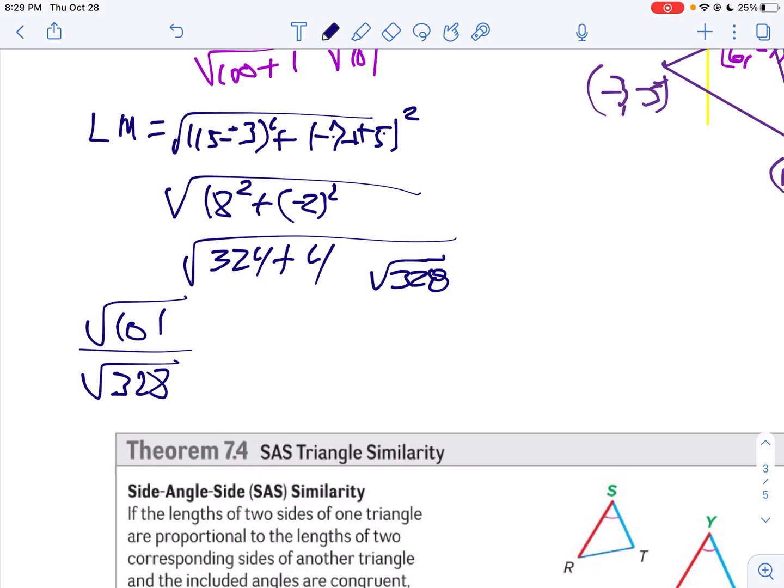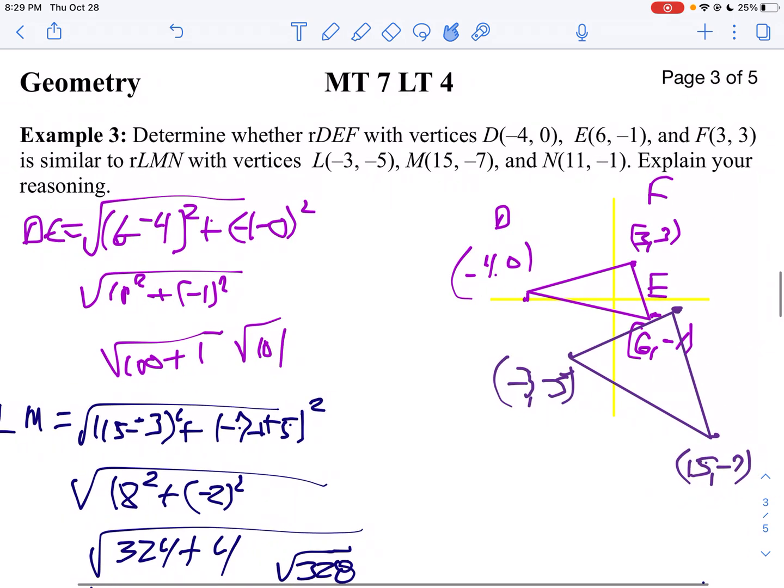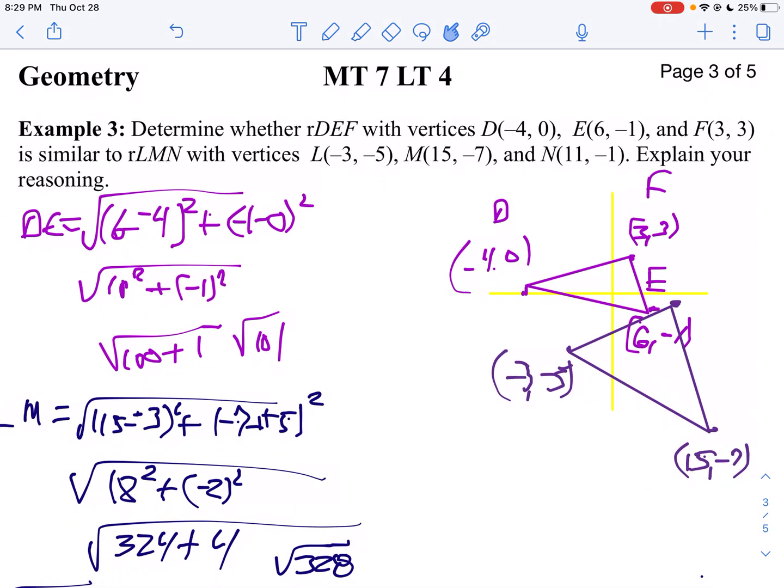What goes into 101? I don't know if much does. 3 doesn't. So if I take 101 and divide it by 328, it doesn't reduce. It's the square root of 101 to 328.